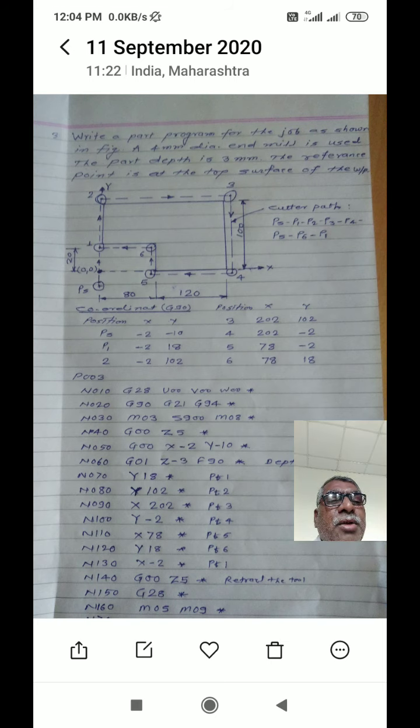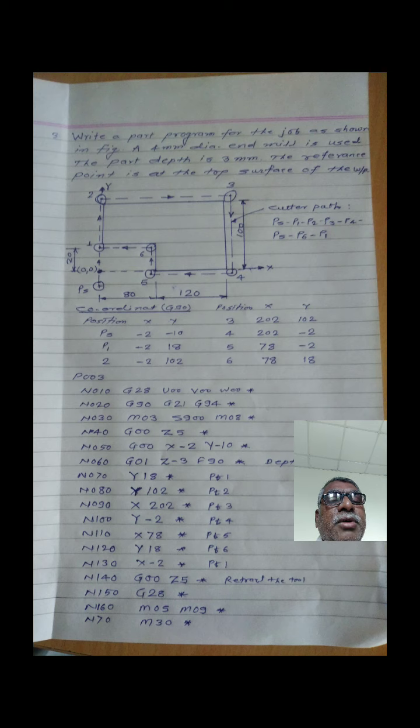Then here you can give the depth of cut with controlled feed rate. N060, G01, that is linear interpolation function, Z minus 3, the depth of cut minus 3. What is the part depth? 3 mm. Means your tool bit should plunge inside the workpiece 3 mm. Initially the tool is 5 mm above the workpiece surface. What is the total tool movement? 5 plus 3, that is 8 mm.